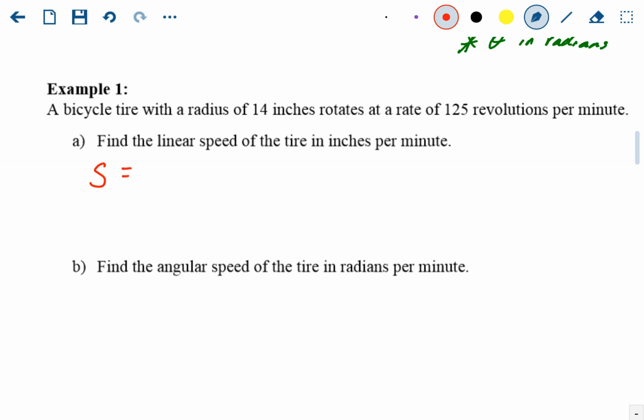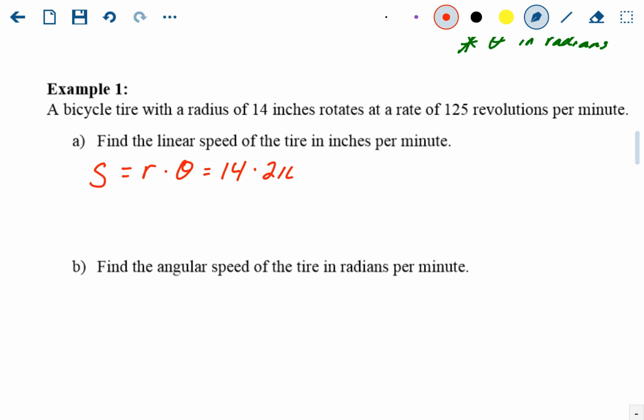Remember, to find the arc length, you have to do the angle times the radius. So radius times theta. Now we know the radius is 14, but what's theta? Well, we're talking about it in revolutions per minute, so it's making a full trip around the circle 125 times. So your theta in here is going to be 2 pi, because remember, it's 2 pi all the way around a circle.